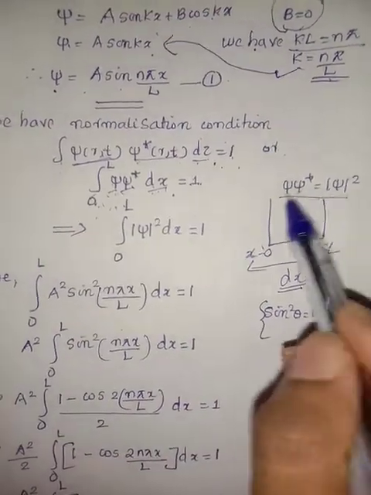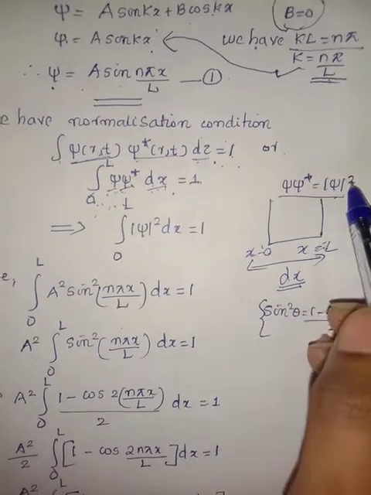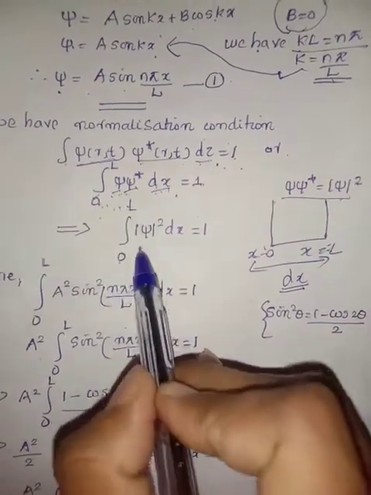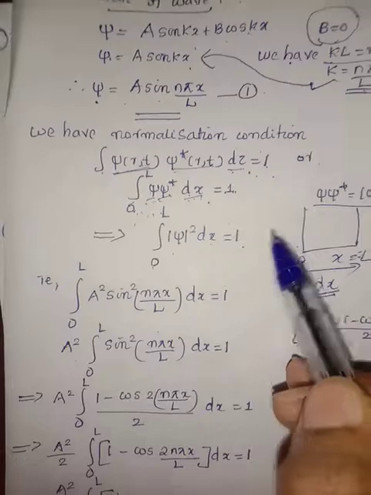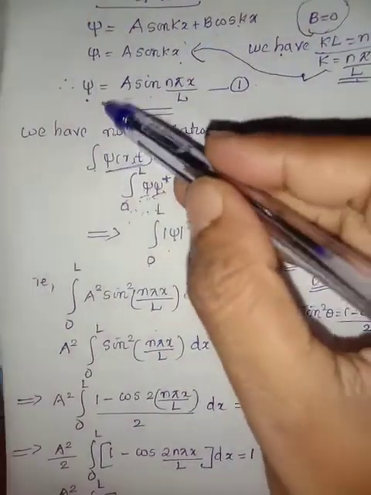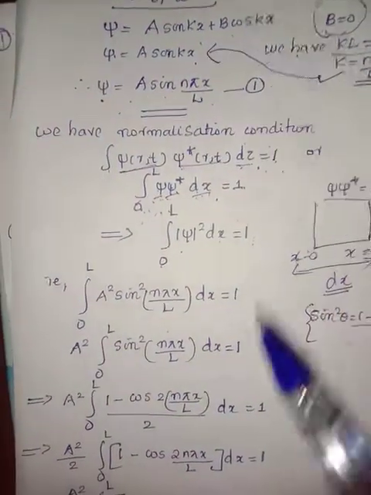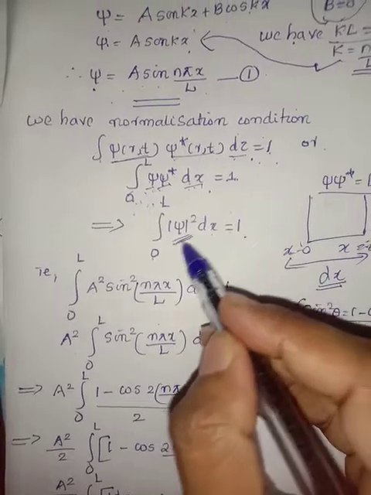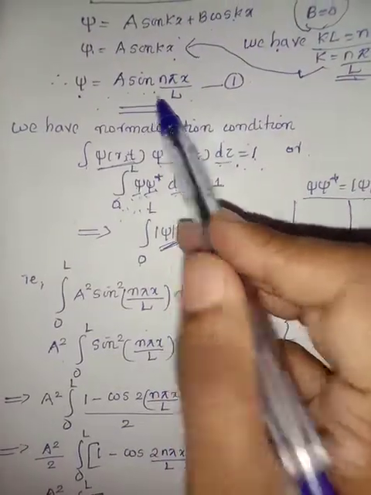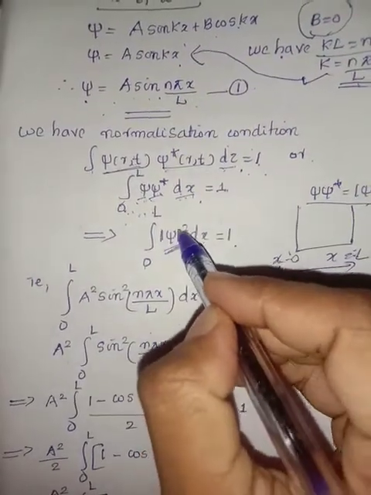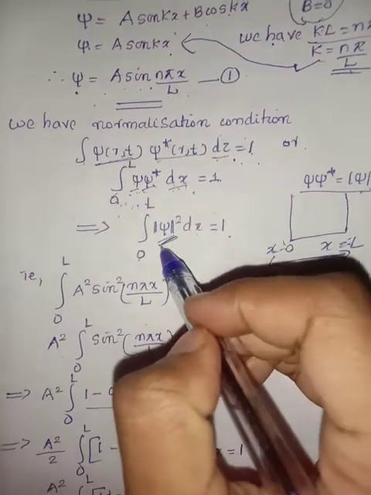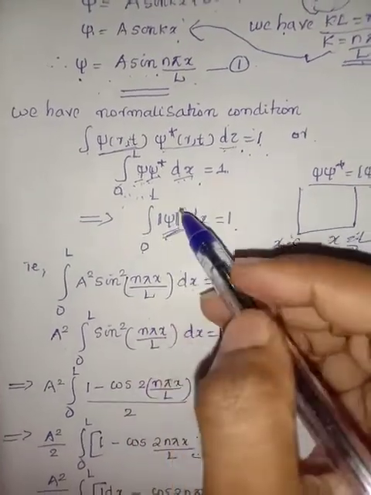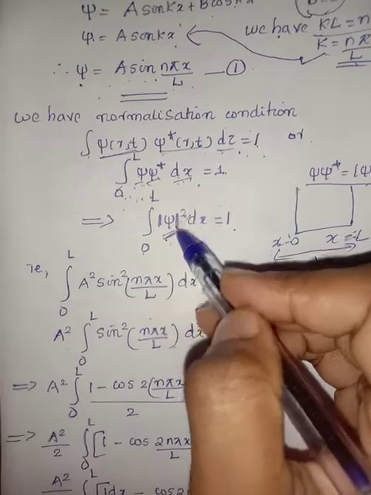But we know the relation psi psi star is equal to mod psi square, so that integral 0 to L mod psi square dx equals 1. Now we have psi is equal to a sin n pi x by L. Now we have to find the modulus of psi square. Since it is a positive quantity, the modulus can be neglected. Now we have to find only the square of this wave function.